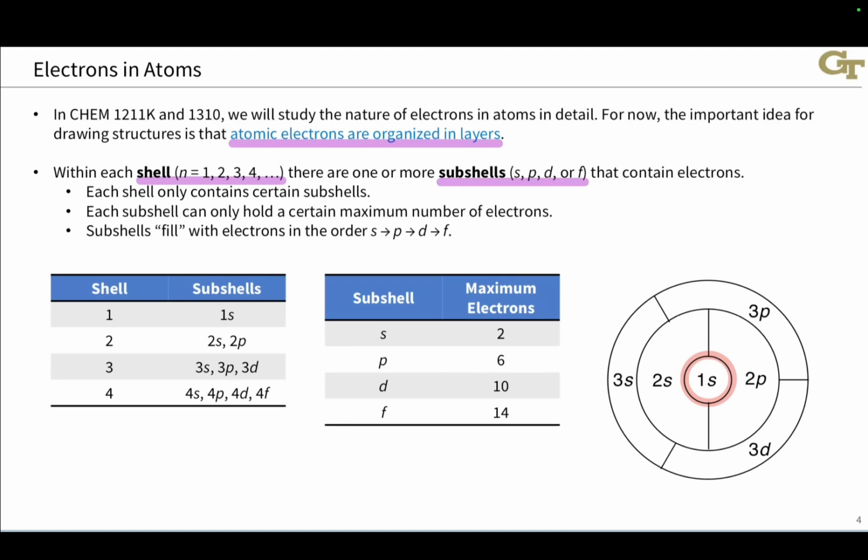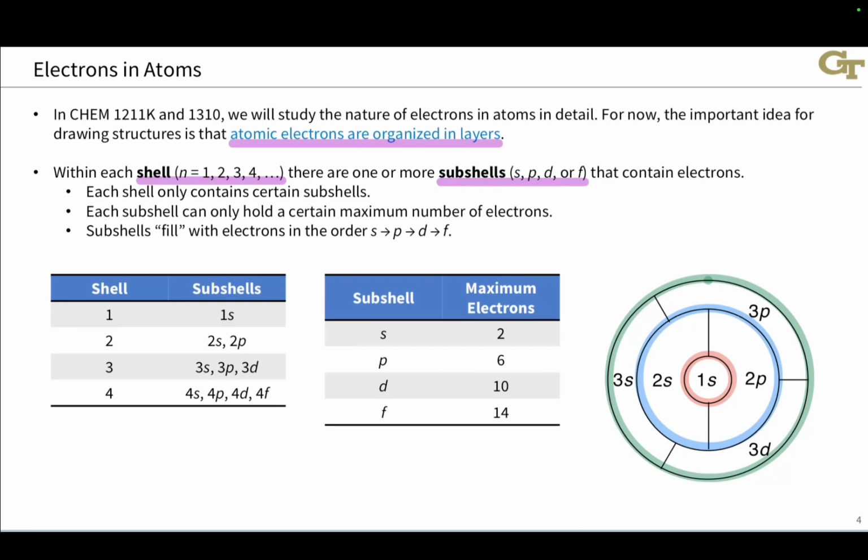For the second shell, n equals 2, we have 2s and 2p subshells, a little bit farther from the nucleus. The n equals 2 shell is bigger than the n equals 1 shell. Even further out, we have the n equals 3 shell with 3s, 3p, and 3d subshells, and so on outward for bigger atoms.